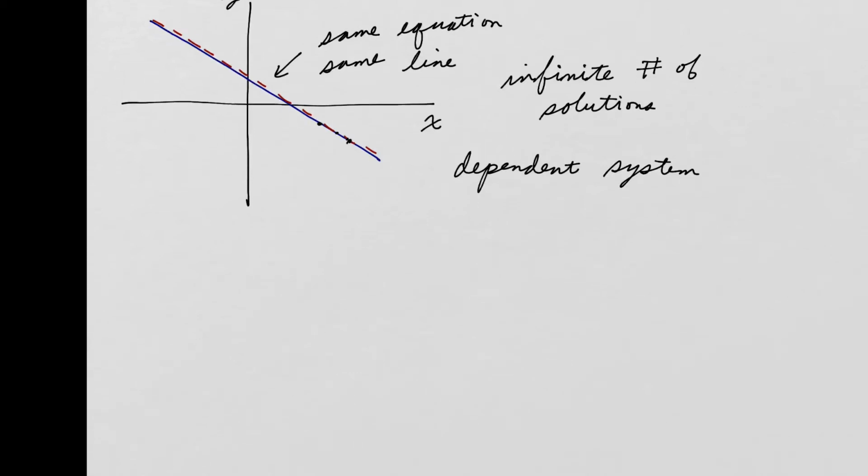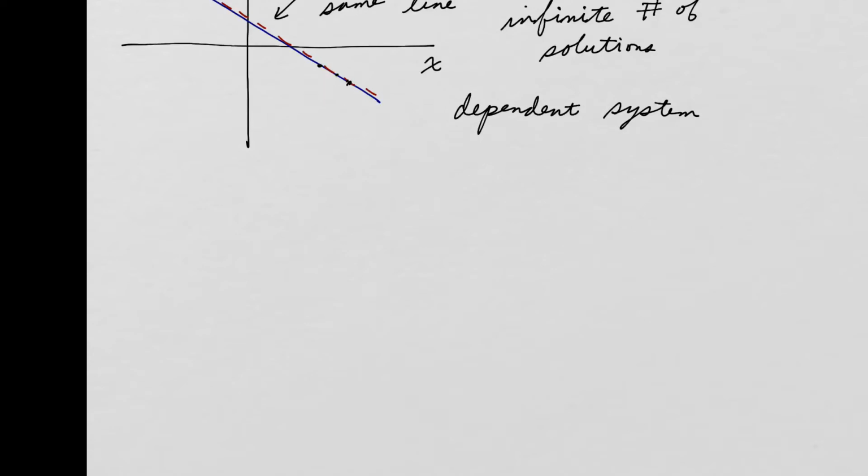Okay, so let's do a problem. Let's see, how do we determine whether a particular point is a solution to a system? Well, we can just plug it in, right?